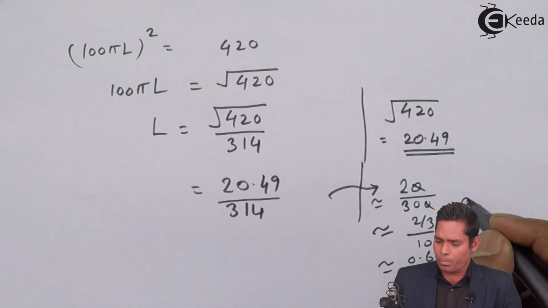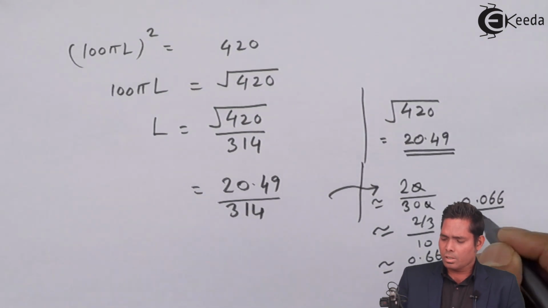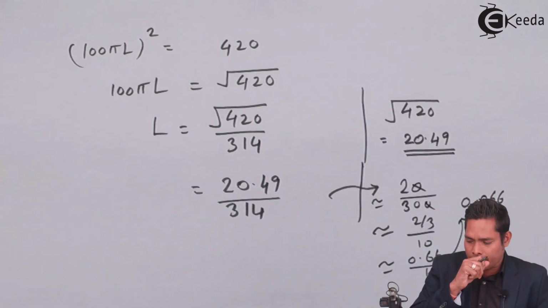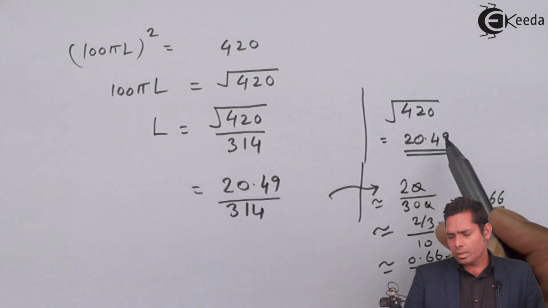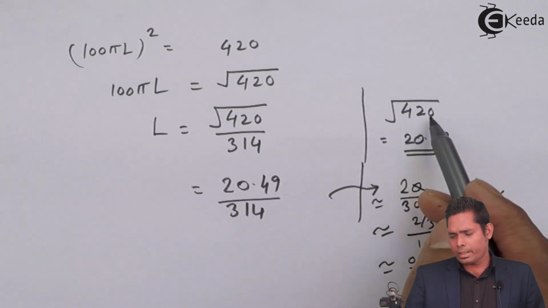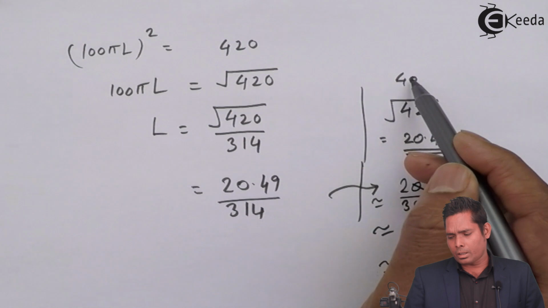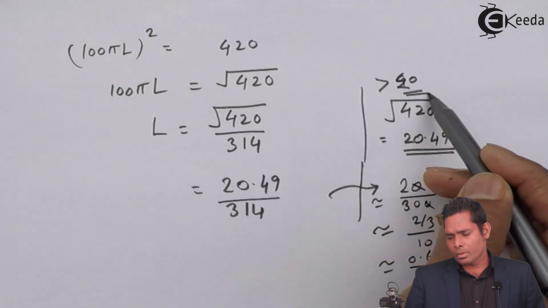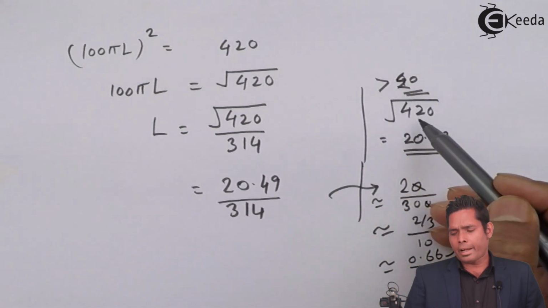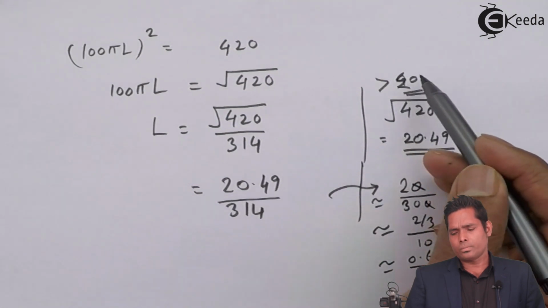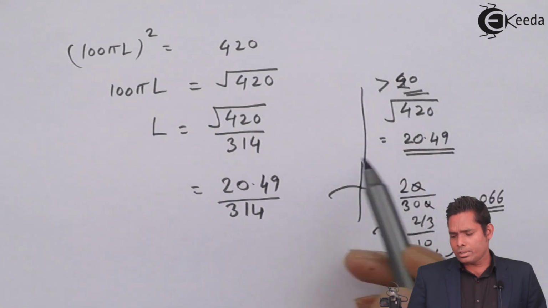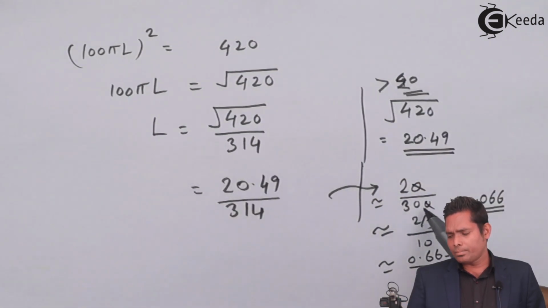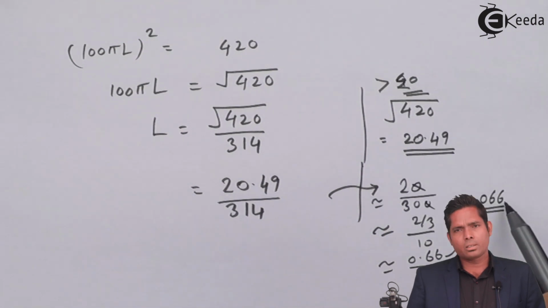This gives me 0.066. Even by rough calculations, I know that 420 is obviously greater than 20. If I take 20 also, and this is 314, if I take 300, then I am getting 0.066.